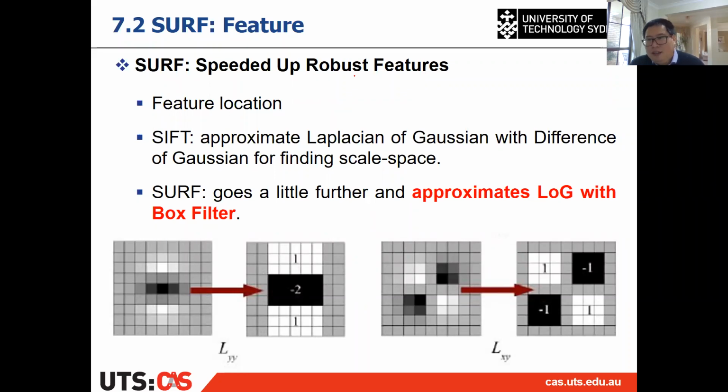And in SURF, it approximates the Laplacian of Gaussian by using a box filter. It is a further approximation, but it's quite fast to calculate because a box filter is super fast to apply to the image. All right, so that is the speedup from the feature detection point of view.